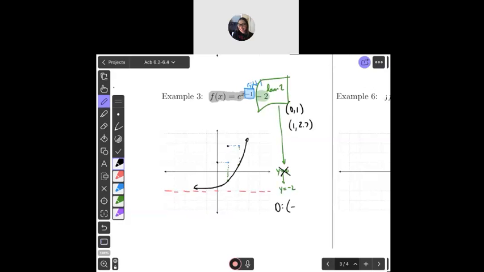Domain, easy peasy. Range, I worry about reflections and up and down shifts. No reflection, so this is going to bottom out at our new number, which was -2, and go up forever.